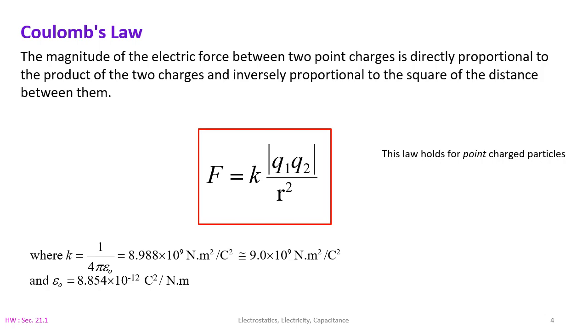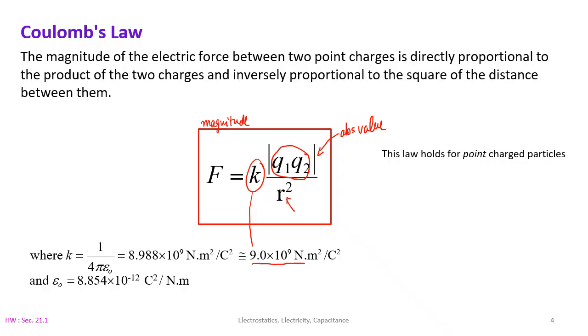So from that, we can express it as a mathematical model. And that gives us the magnitude of the electric force, both the force of charge 1 on charge 2 and the force of charge 2 on charge 1. It is going to be the product of those charges, and we're not going to worry about if they're positive or negative because we're going to take the absolute value, over the distance between them squared, and our constant of proportionality in air or vacuum is going to be 9 times 10 to the power of 9 newton meter squared per coulomb squared.